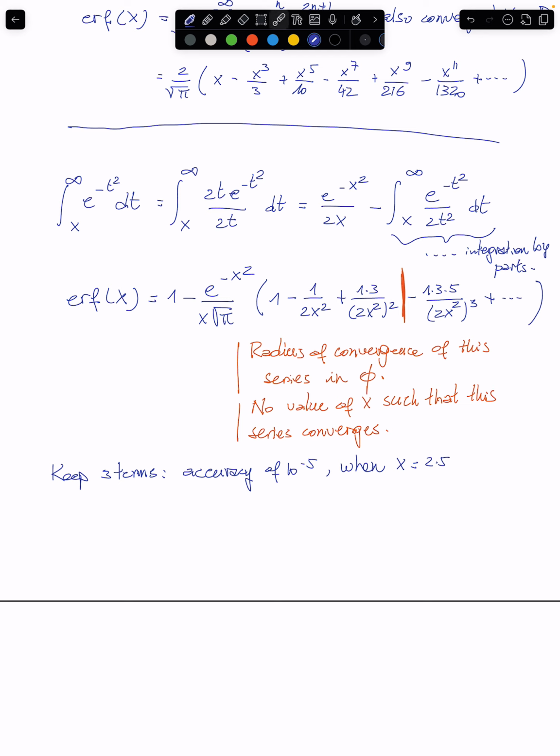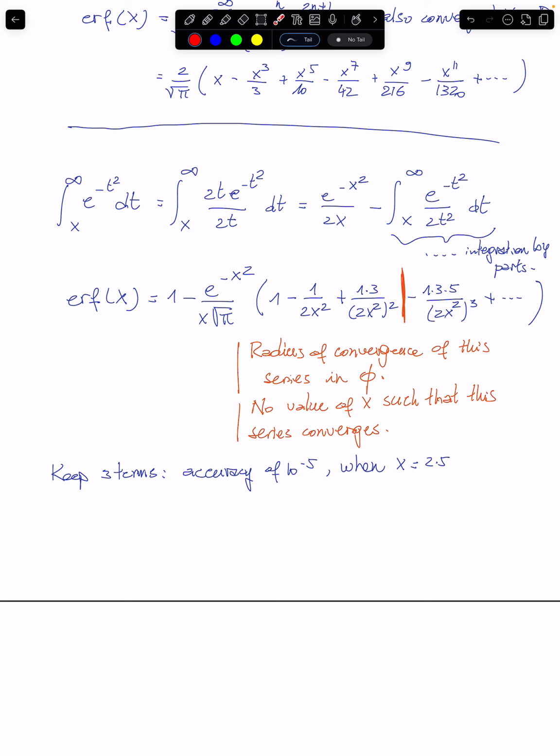And the reason for that is that even the leading order term provides already a very, very good approximation of the result. You see, 1 minus something that is going to be very small because of the exponential of minus x squared. And even if this, at the end of the day, diverges, it is multiplied by something that is quite small. And this is why the truncated version of the sequence, as soon as you truncate it somewhere, provides very good results.